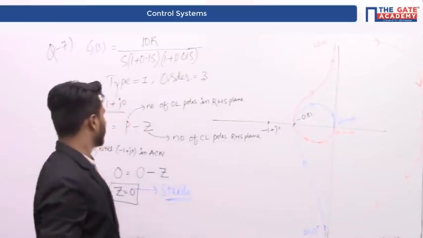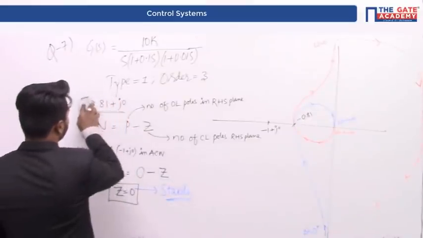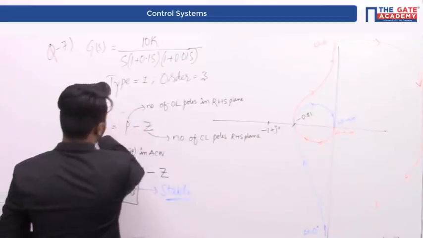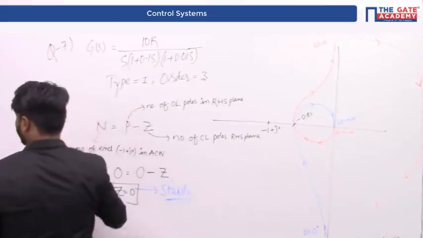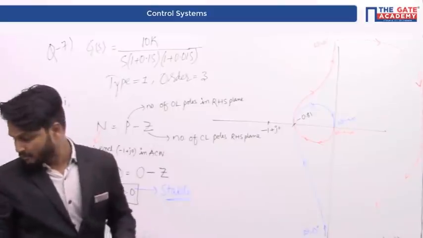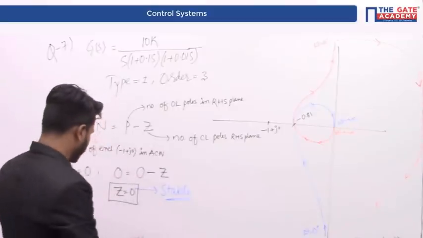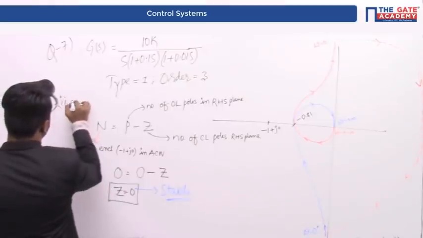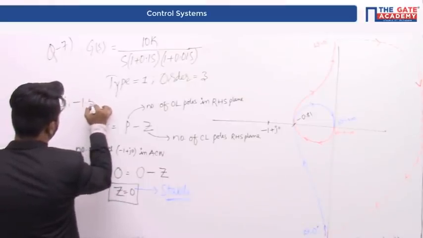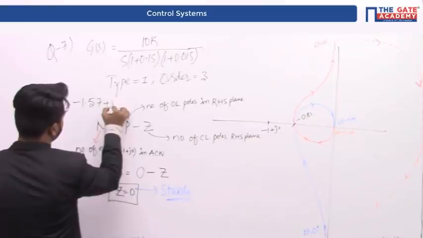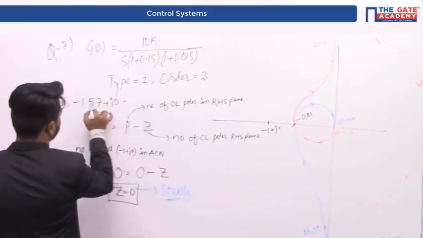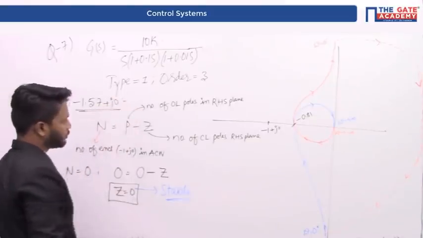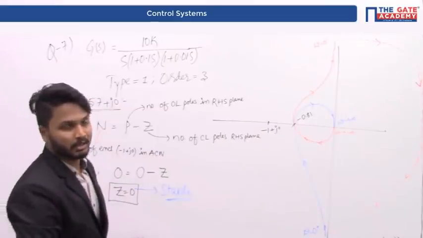So let us look at the second case. If the plot is intersecting the real axis at minus 1.57 plus j0. The second case is the point of intersection is minus 1.57 plus j0. So we need to conclude about stability in this particular case.